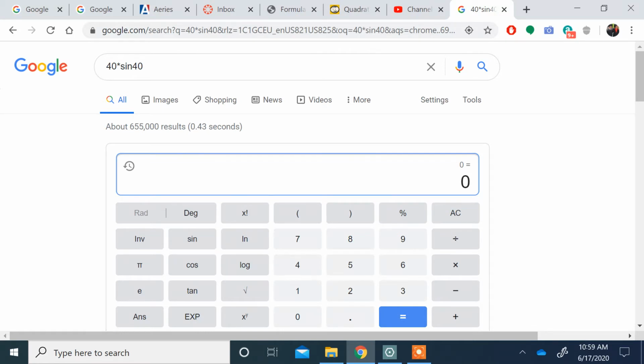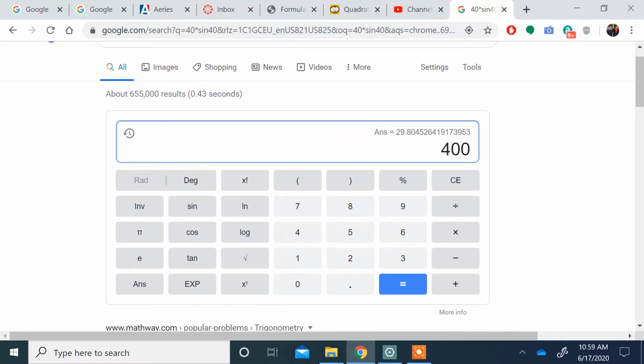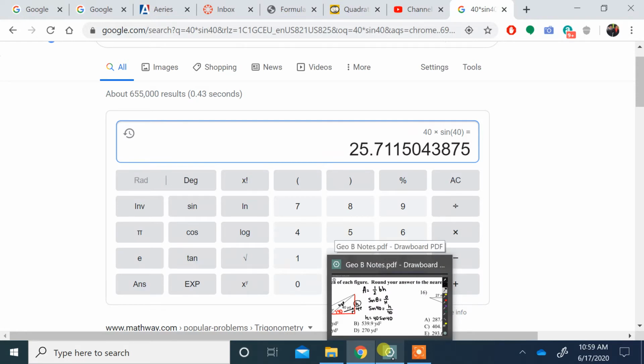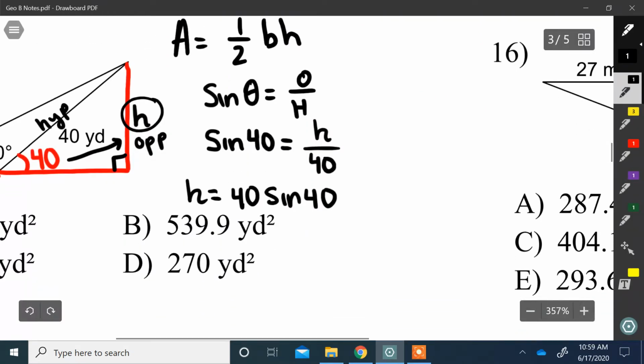Okay, so let's try this again. 40 times sine of 40 is 25.71. Okay, and we need to do this in degrees, not radians, degrees.